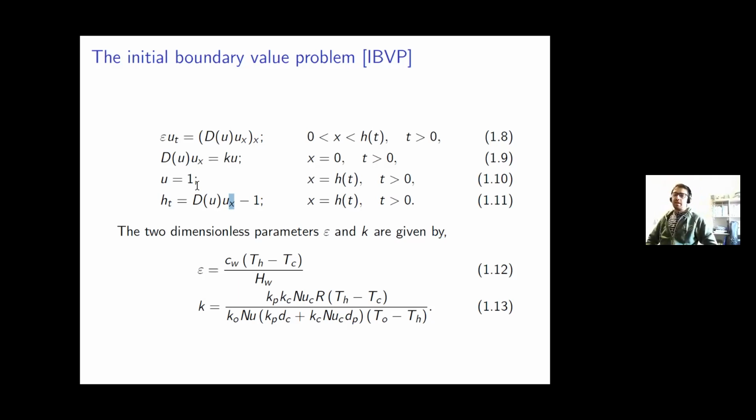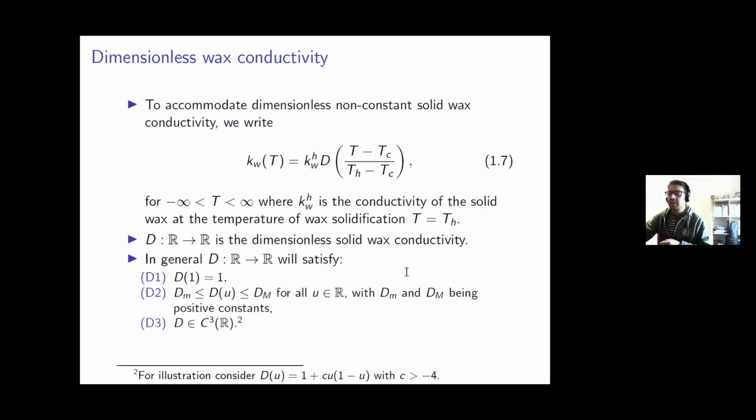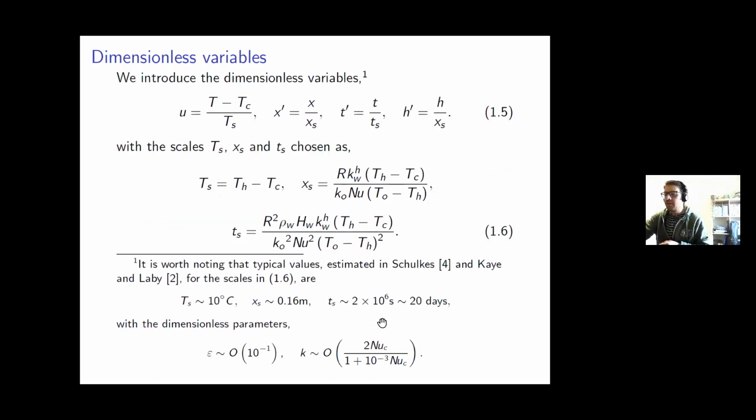Now here, important features of the problem are going to be prescribed by these particular physical constants, epsilon and K. Epsilon here is given as this relatively simple term, and K is given by this less simple term. But at least you can write these down. Now, estimates for epsilon and K are given here.